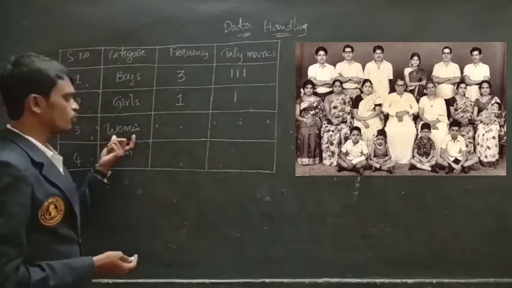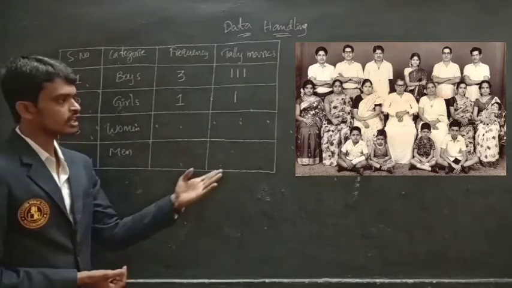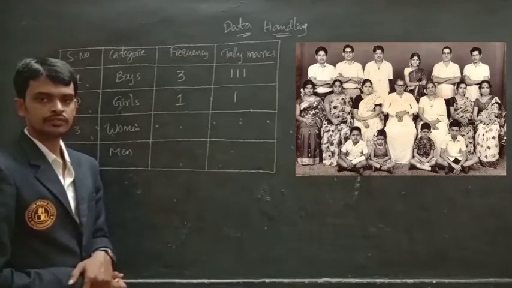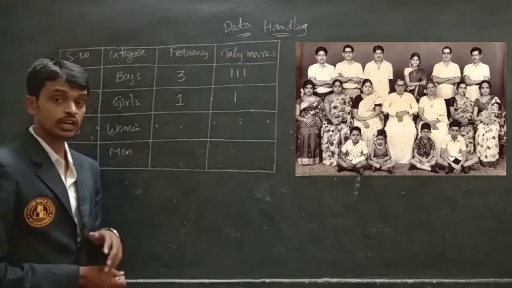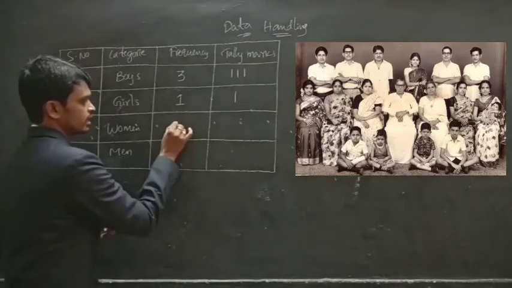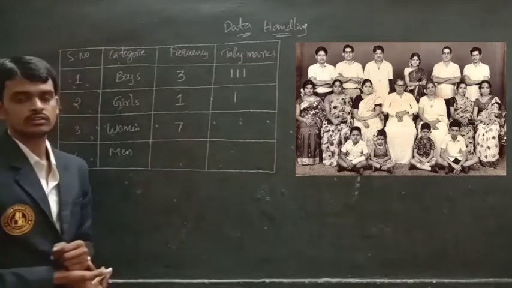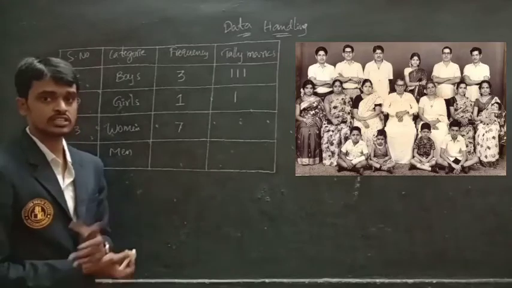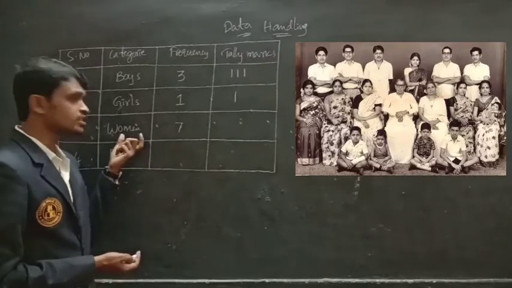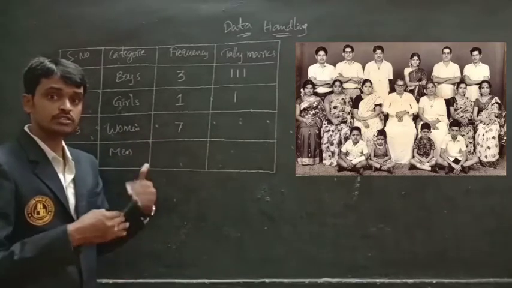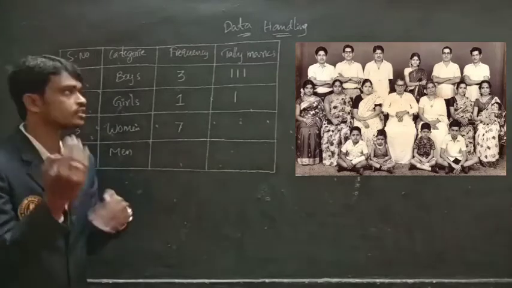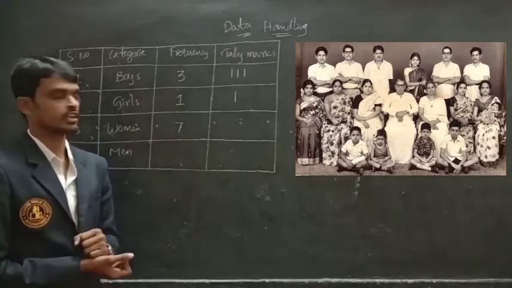Next, women. Let us count how many women are there. Yes, 7 women are there. The observation is women. How many times are we taking the observation? 7 times, and this is called the frequency.